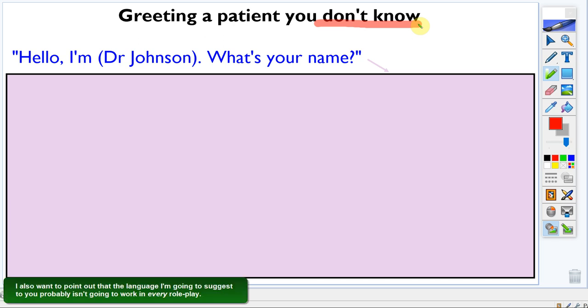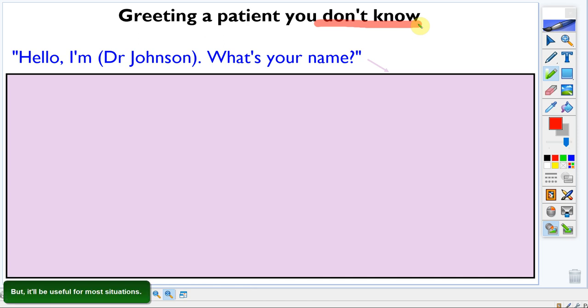I also want to point out that the language I'm going to suggest to you probably isn't going to work in every role play, but it'll be useful for most situations. What's more, all the information is going to be easy to remember.